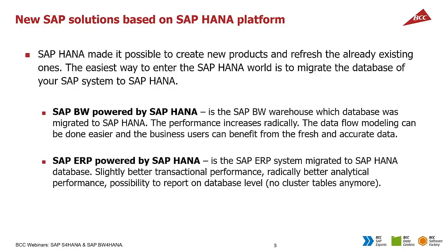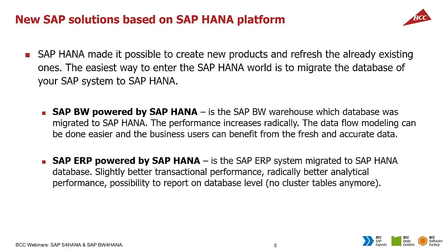As for SAP ERP powered by SAP HANA, it's also a huge change, but you don't see that much of a performance gain for the transactional processing. Of course, the reporting is much quicker, but transactional processing is usually several times better than before.